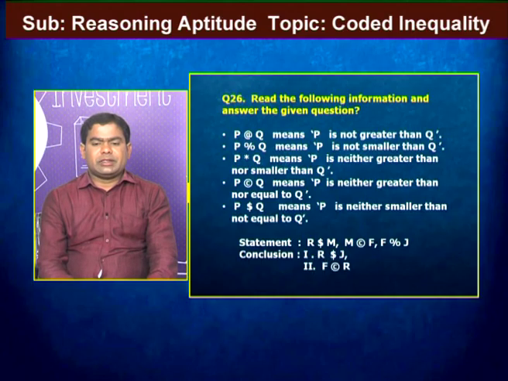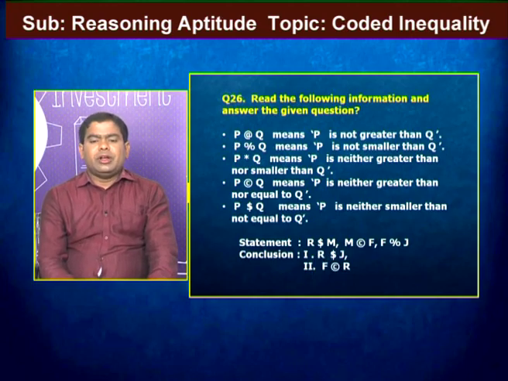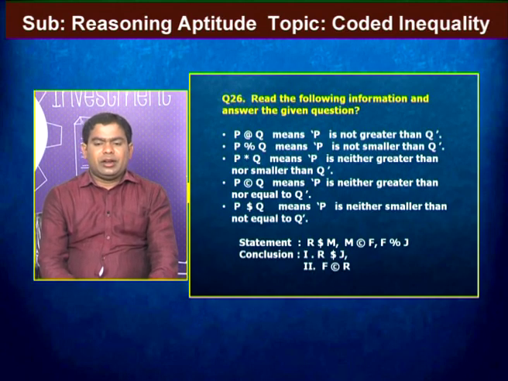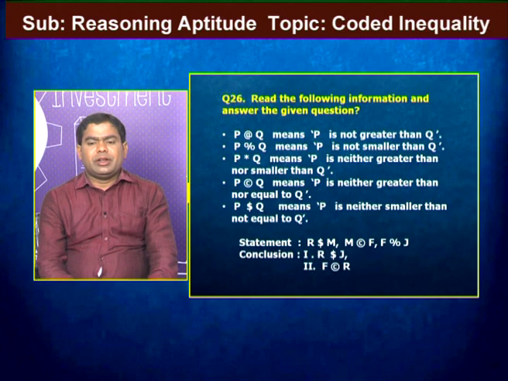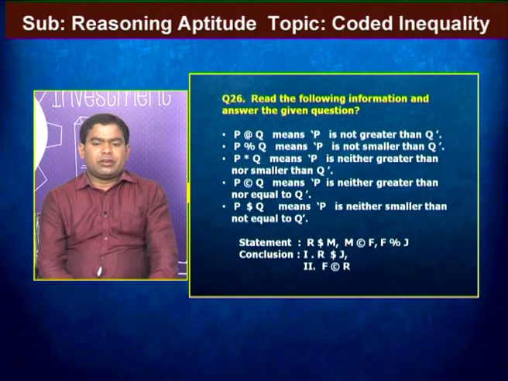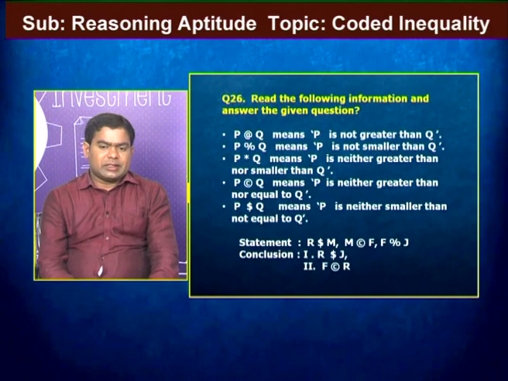P dollar Q means P is neither smaller than nor equal to Q. Neither smaller nor equal means greater than. Already in the introduction we discussed not greater than, not less than, neither nor, neither less than nor equal. So directly we take the at the rate means not greater than, which means less than or equal to.